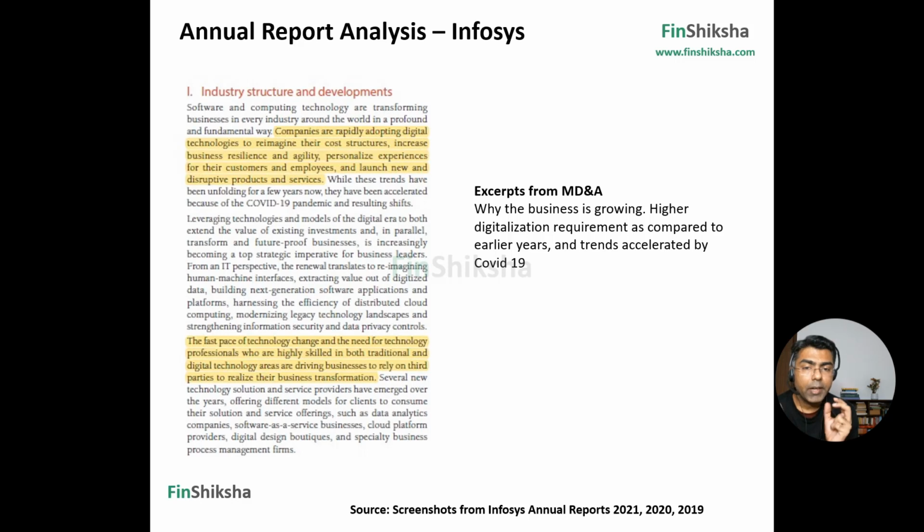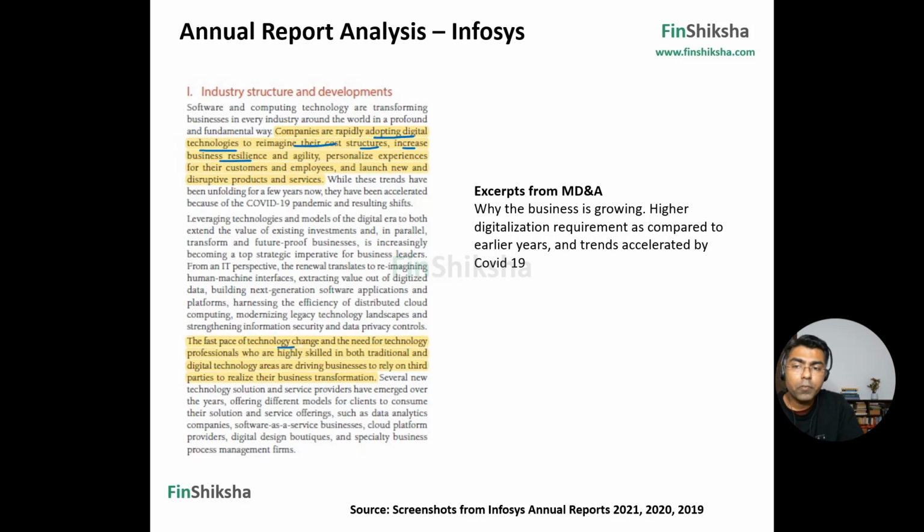Let's look at the MD&A and some core excerpts from it. Right, so you'll see that companies are rapidly adopting digital technologies to reimagine their cost structures, increase business resilience, customer engagement, and so on and so forth. So basically, digitalization is a core theme.